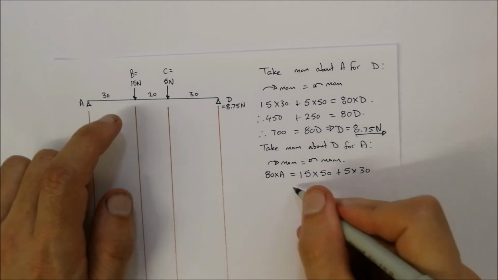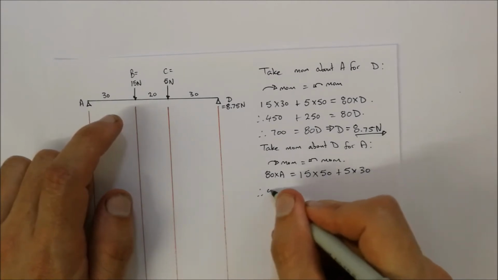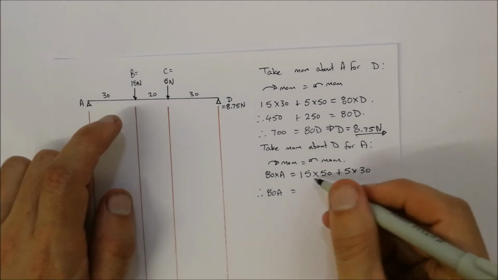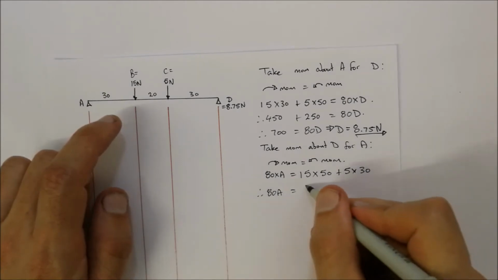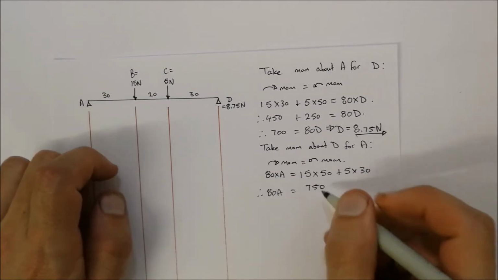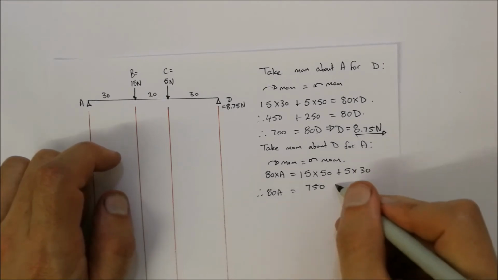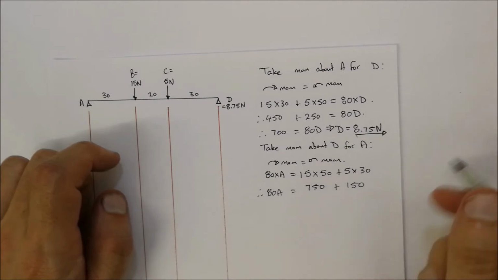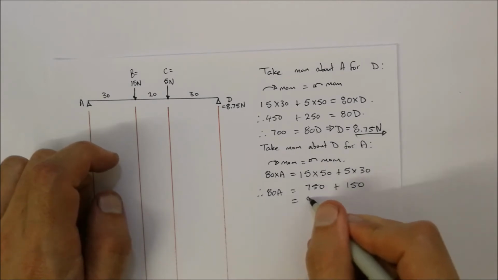Okay, so therefore 80A is equal to 15 times 50, which is 750, and 5 times 30, which is 150. Okay, and so that would be equal to 900.